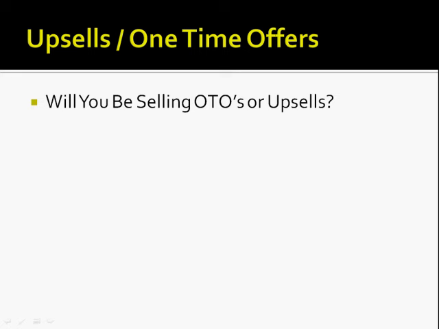It's not like you go to McDonald's and they say, you want fries with that, or you want to upgrade to large or medium and so forth. Now, while that can work, that's fine. But the type of upsells and one-time offers that I've found worked is if you add it after they buy the front-end product. And you want to make sure that they are complementary to your front-end product.